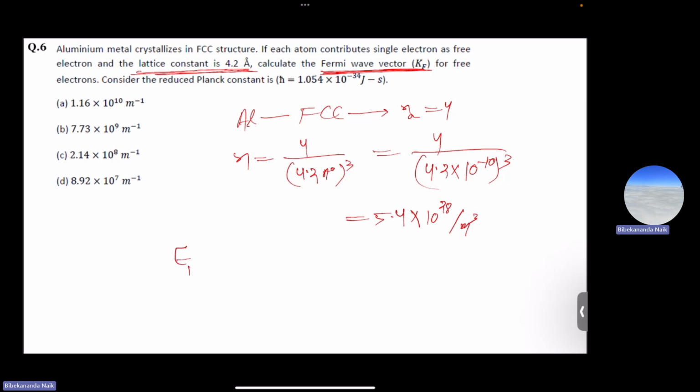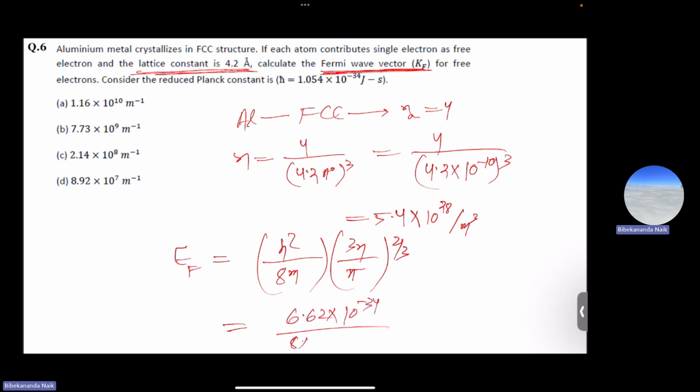So now the Fermi energy EF will be given by h square by 8m into (3n by pi) to the power 2 by 3. So this is (6.62 into 10 to the power minus 34) square, divided by 8 into 9.1 into 10 to the power minus 31, into (3 into 5.4 into 10 to the power 28 divided by 3.14) to the power 2 by 3.